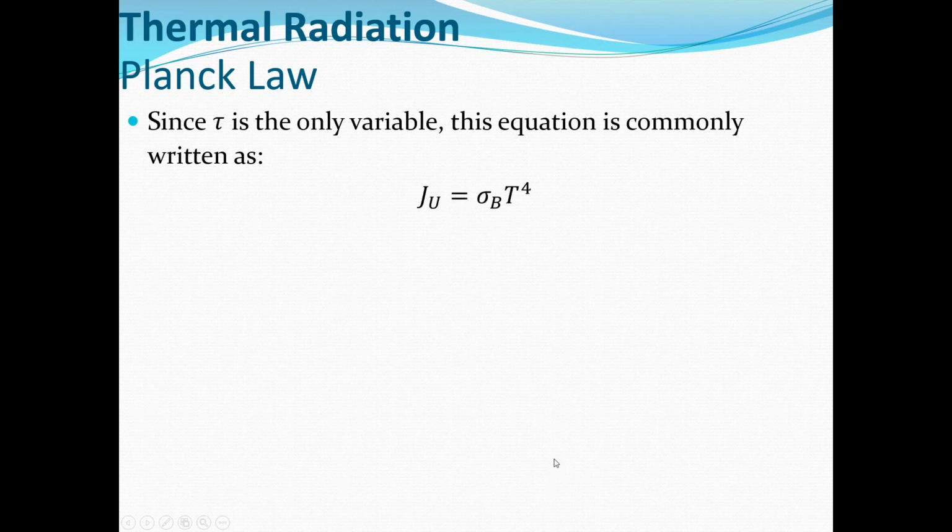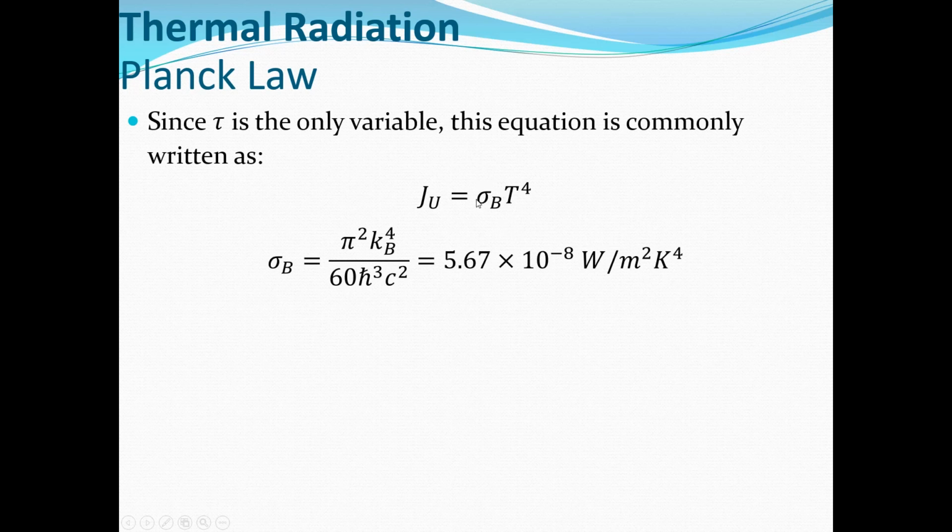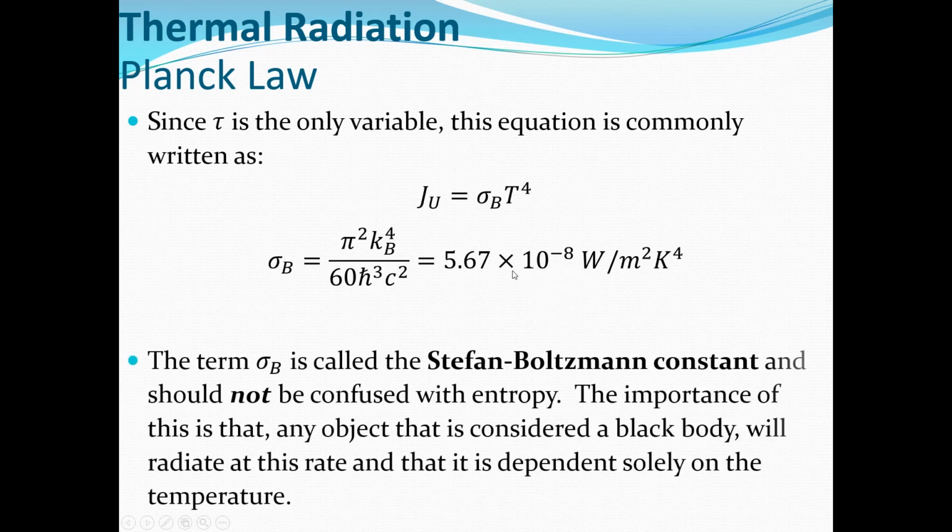And because the tau is the only real variable in that equation, it gets written like this, where this is being defined as all those constant terms, or more simply put, 5.67 times 10 to the negative 8. This is the Stefan Boltzmann constant. Don't confuse this with entropy, even though they're both given that sigma term. They are vastly different. This is a constant, so it's not at all related to entropy.